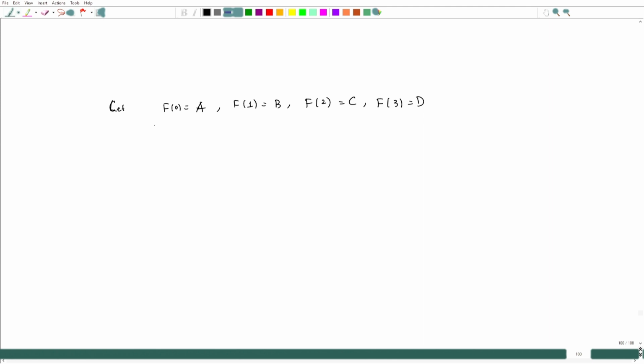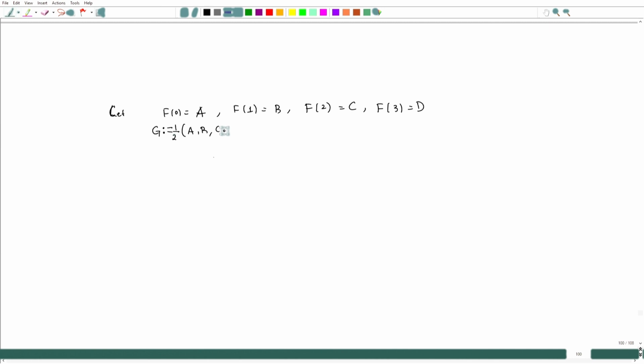Now, if I write the Fourier coefficient of g, this is going to be 1 by m, m is 2, so one half of a b c d, again a b c d.